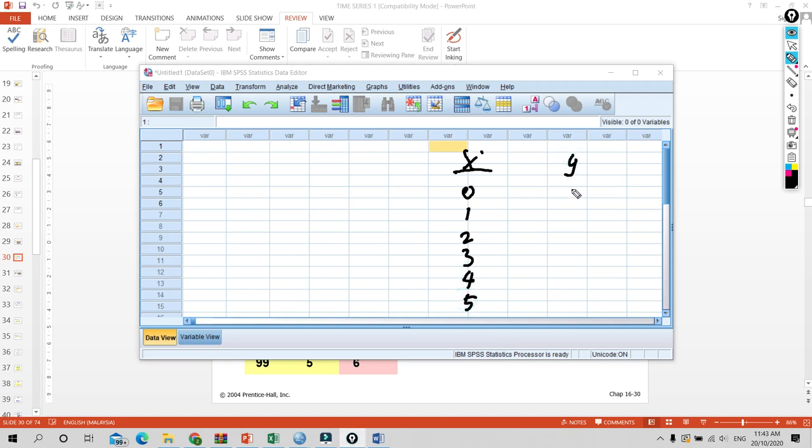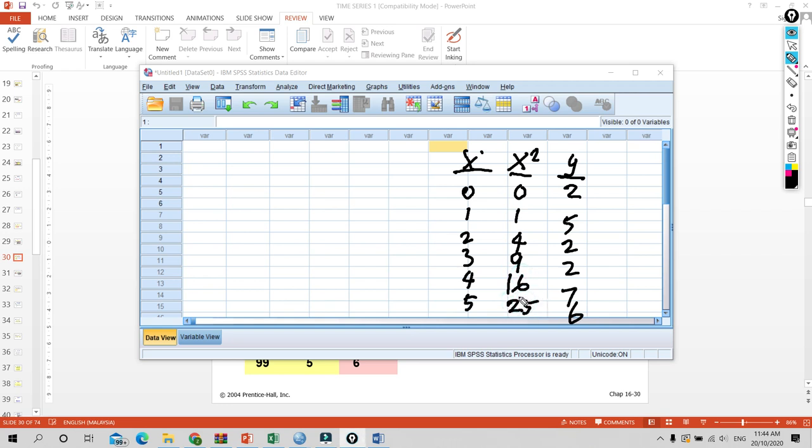Then y is 2, 5, 2, 2, 7, 6. These are my x and y. Because for the quadratic equation we need x squared, x squared is equal to 0, 1 squared is 1, 2 squared is 4, 3 squared is 9, 4 squared is 16, and 5 squared is 25.